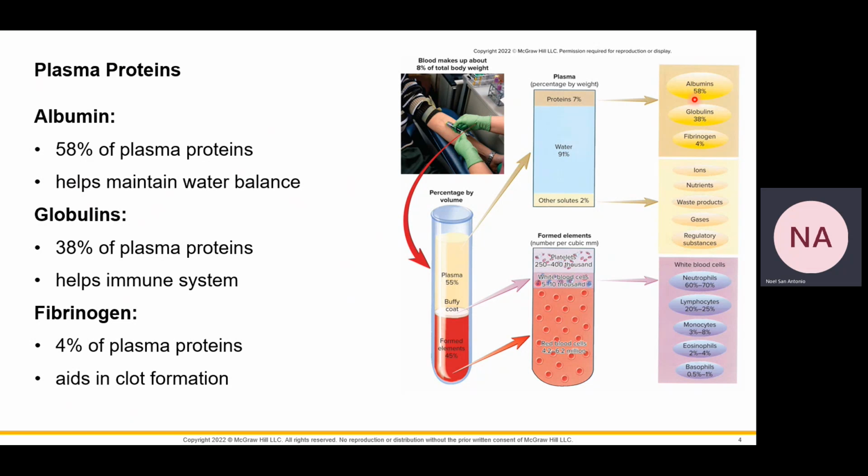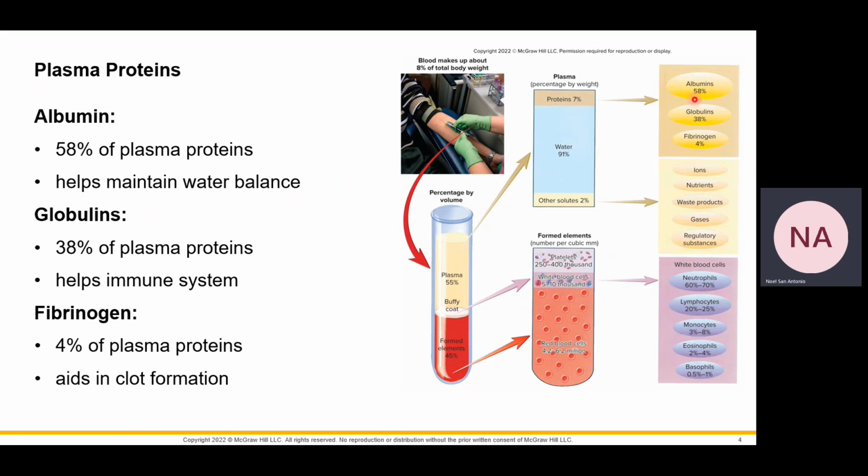One of the main functions of albumin is to maintain the water balance in our circulation. In fact, it is albumin that maintains our plasma osmotic pressure. That's the reason why our plasma can actually hold back water. It's because of the presence of albumin.